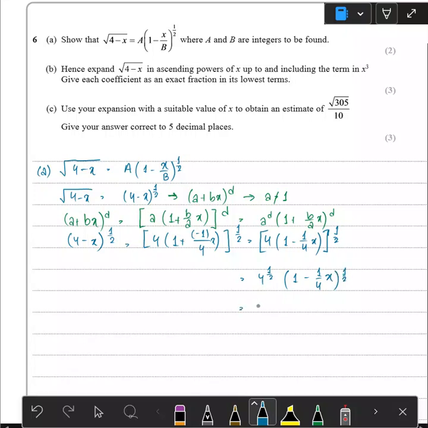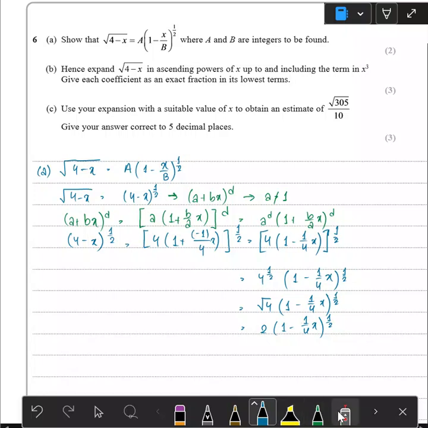Now 4 to the power half can also be written as root over 4, (1 minus (1/4)x) to the power of half. And root over 4 is simply 2, (1 minus (1/4)x) to the power of half.